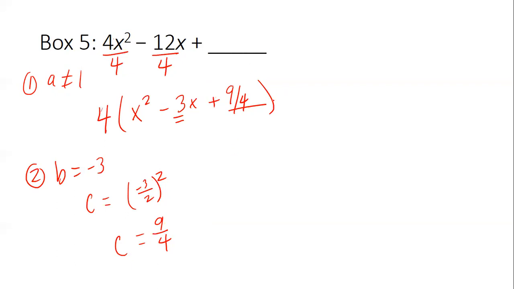Okay, the trick here is to get back to here. So if we took out the 4 to get back there, what do we have to do? Multiply it back in. So we have 4 times x squared makes 4x squared, 4 times -3 makes -12x. And then what about 4 times 9/4? What's 36 divided by 4? 4 times 9 is 36. 36 divided by 4 is 9.